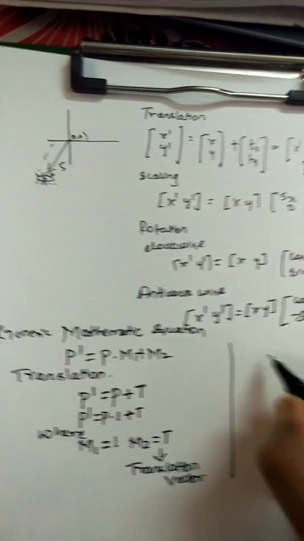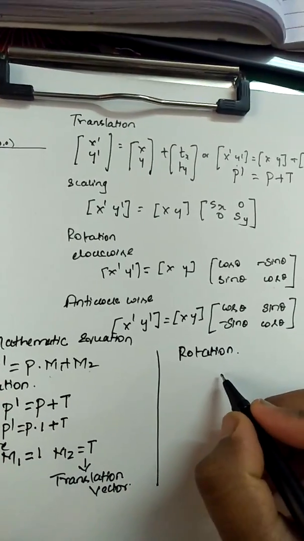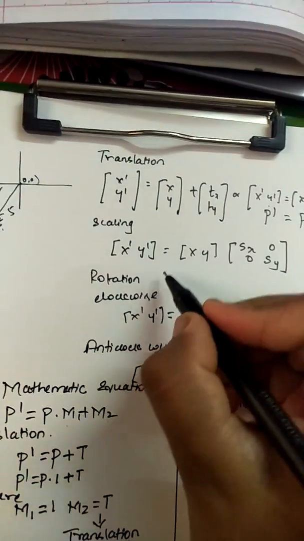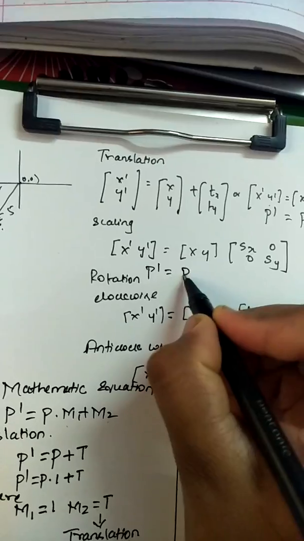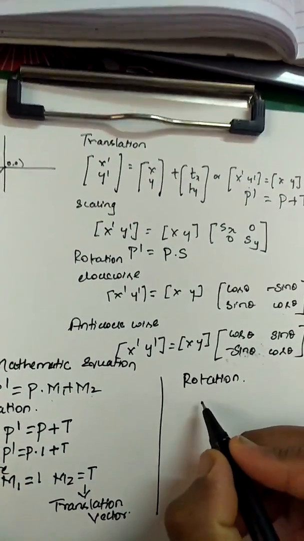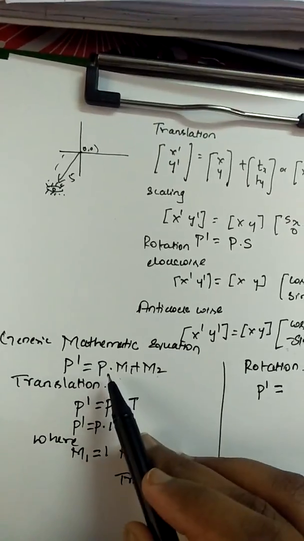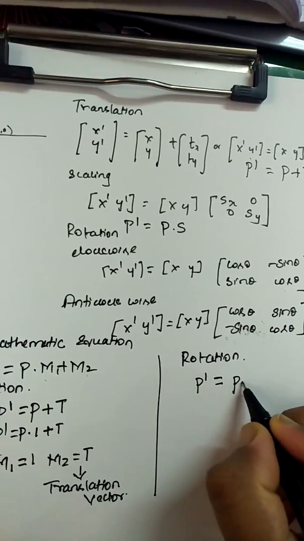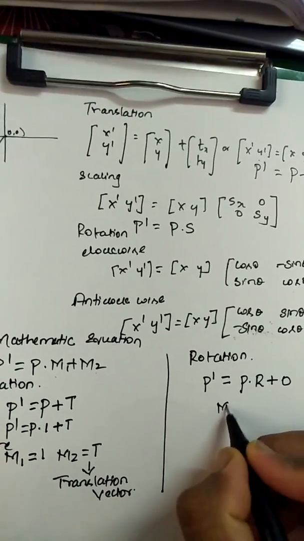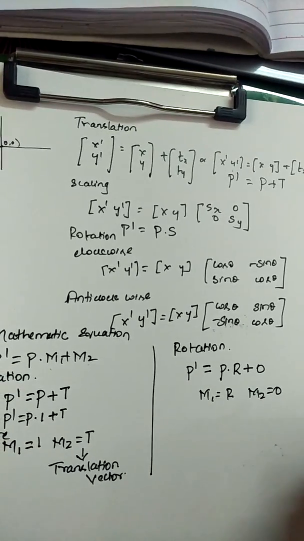Now come to the rotation part. For the rotation transformation, the generic equation is p dash equals p into r plus 0, which means here m1 will be r and m2 is 0, correct?